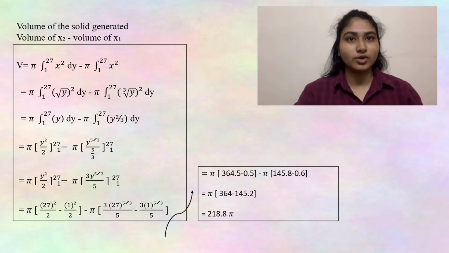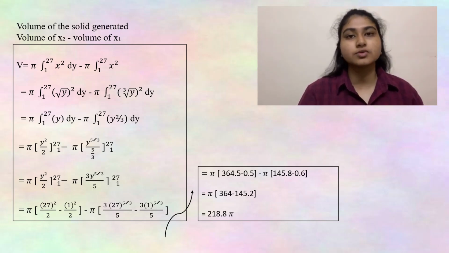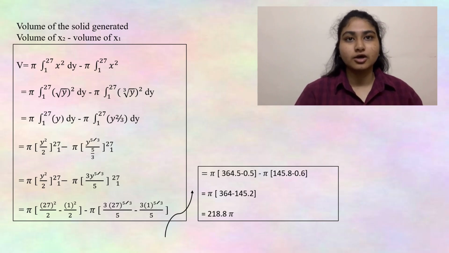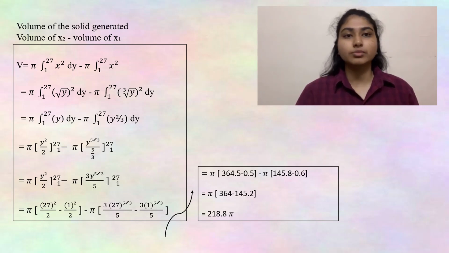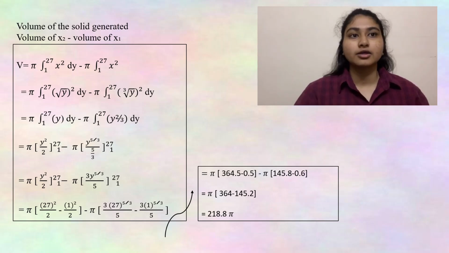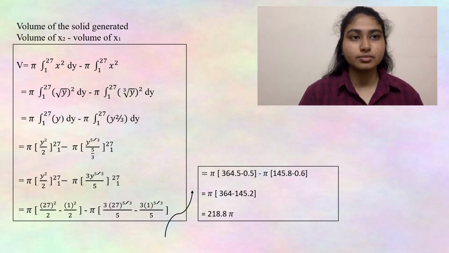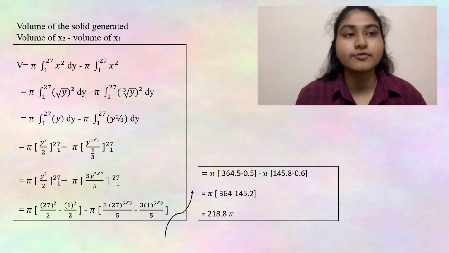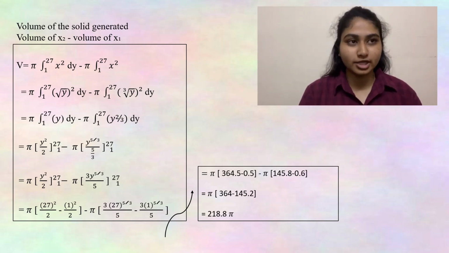We have to substitute y with 27 and 1, so it will be pi in bracket 27 to the power 2, over 2, minus in bracket 1 to the power of 2, over 2, minus pi in bracket 3 in bracket 27 to the power 5 over 3, over 5, minus 3 in bracket 1 to the power 5 over 3, over 5.